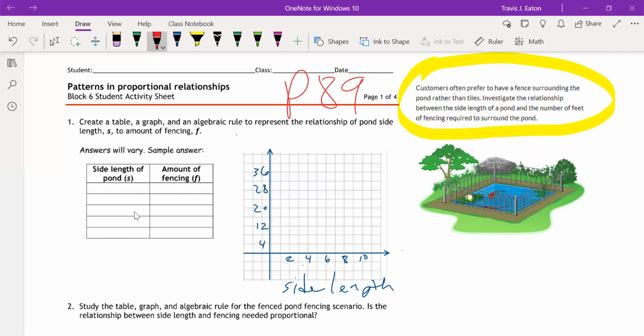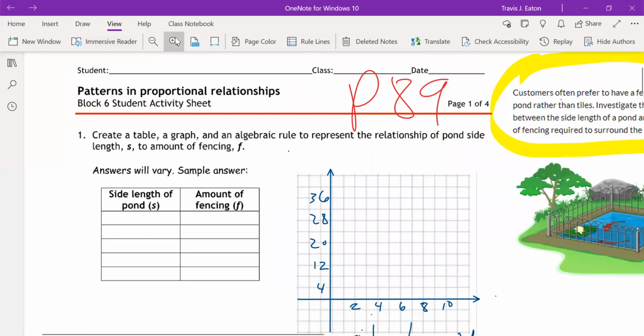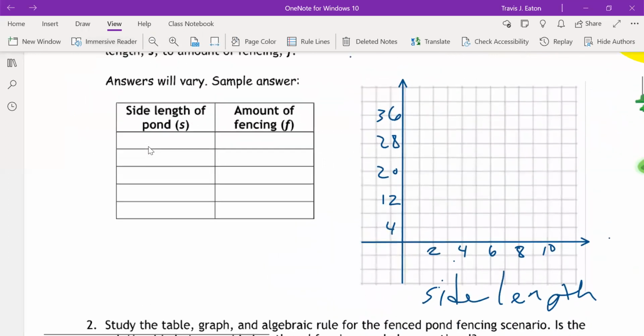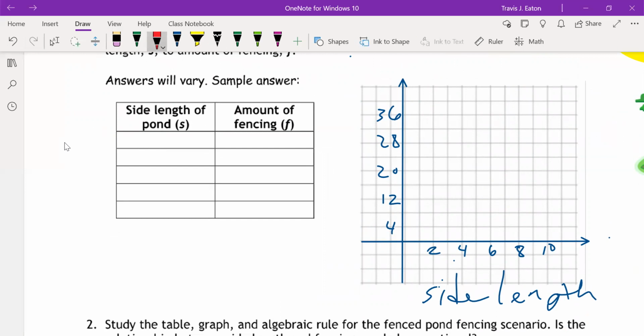Let's get started. I'm going to enlarge this just a tad to make it easier to do the work. If the pond has a side length of, let's say, 4 feet, how much fencing would we need?